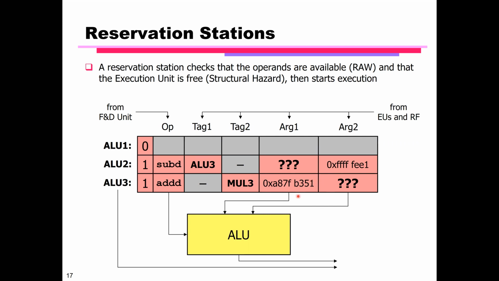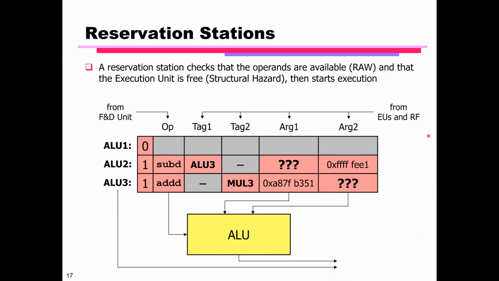If I find an operand, I don't need any label, the operand is there, we are happy. If I don't have the operand, I need a tag to recognize the value that I want. And when I have both of them, I start executing: I take the instruction from the reservation station, do the operation, and propagate the result with the tag of this instruction so that it will come back.